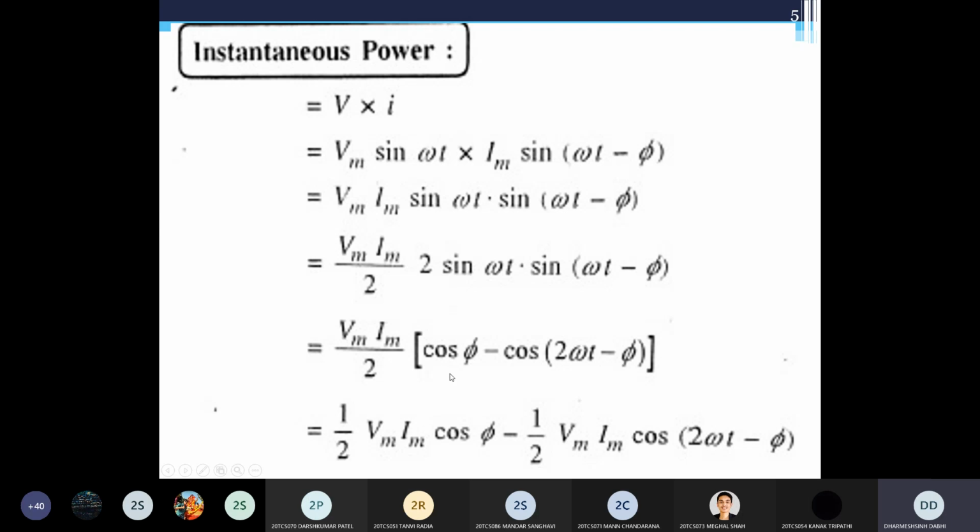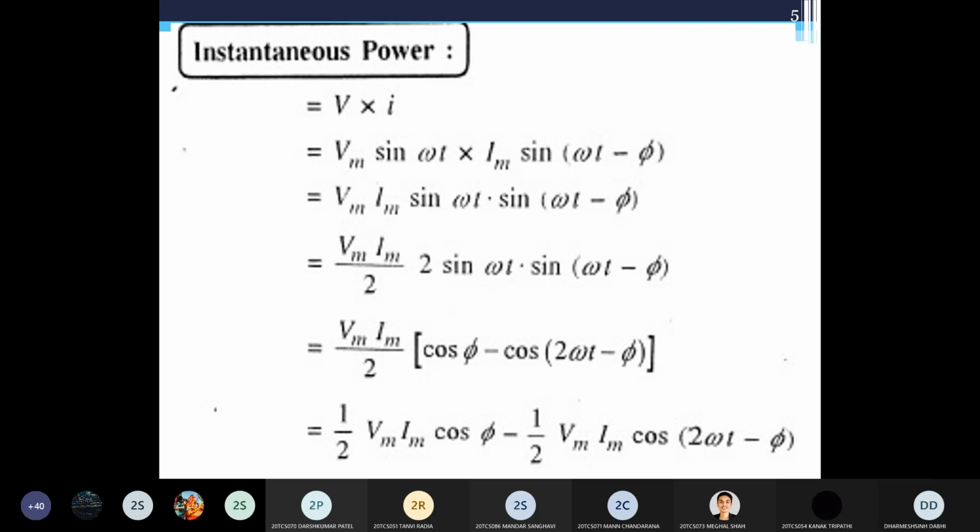Clear? So when you simplify this equation, finally you get 1/2 Vm Im cos phi minus 1/2 Vm Im cos 2 omega t minus phi. So here you can see that instantaneous power has two components. One is 1/2 Vm Im cos phi.